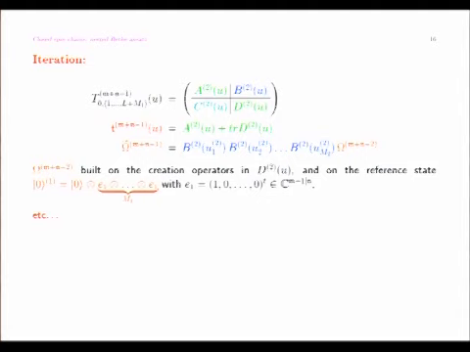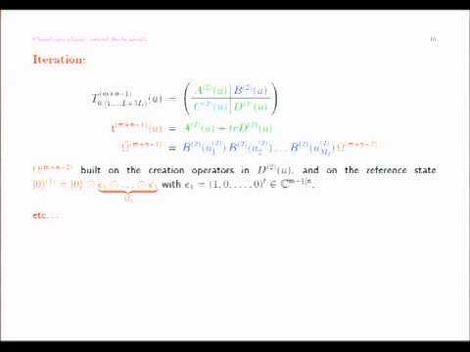So you can iterate. Since you have the same problem, you can divide again the transfer matrix. Then you will have a new term A, a new term D. The term A, you can compute it. Omega tilde, you will build up as the B operators acting on some new omega term, which will be constructed only on the creation operators in D2 and on a reference state.